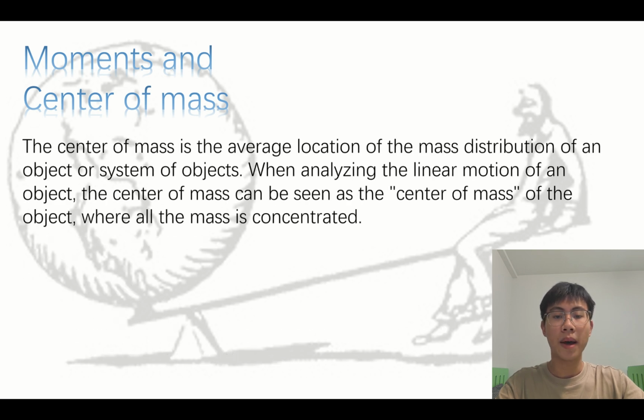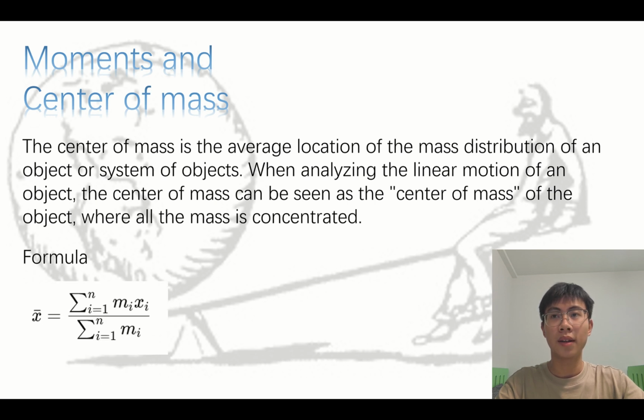The center of mass is the average location of the mass distribution of an object or system of objects. When analyzing the linear motion of an object, the center of mass can be seen as the point of the object where all the mass is concentrated. Let's see the formula.